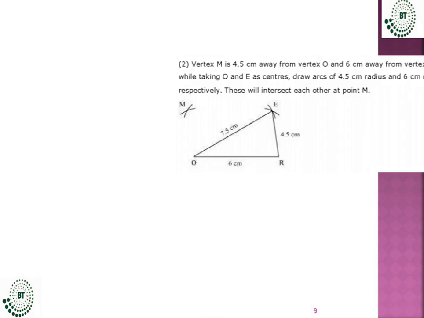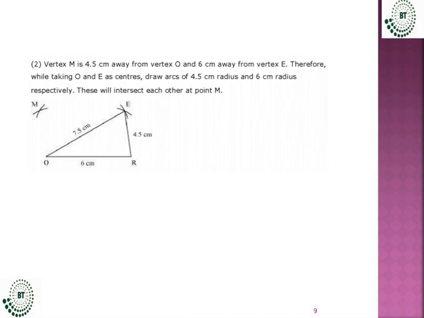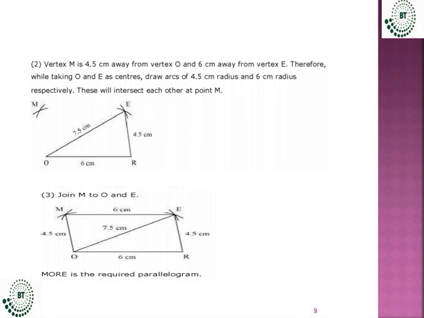Now it is given that vertex M is 4.5 centimeters away from vertex O and 6 centimeters away from vertex E. So put the tip of the compass on O, take a radius of 4.5 centimeters and cut an arc. Now put the tip on E and cut an arc of radius 6 centimeters.